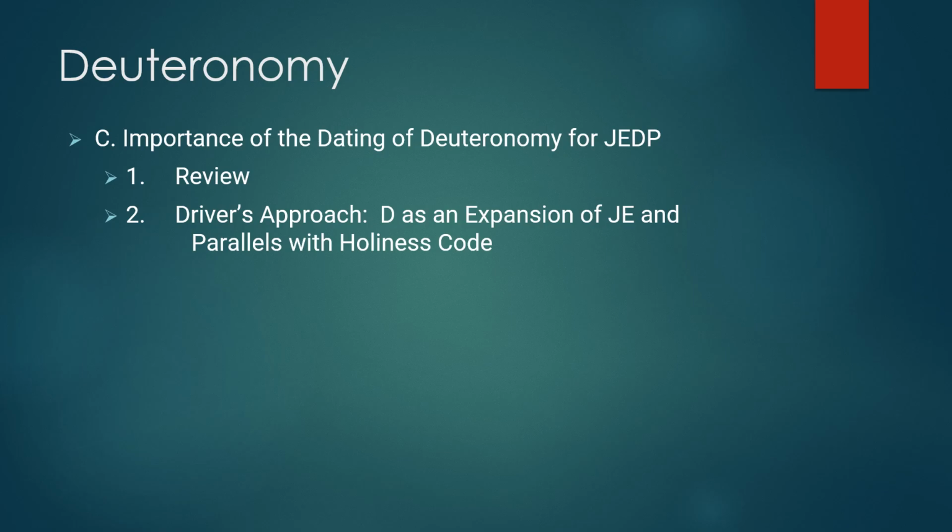I think I read to you right at the end of the last hour from Driver's Deuteronomy commentary. Driver is a follower of Wellhausen, and he says, and I'm quoting here, "The different relation in which Deuteronomy thus stands to the three codes of J, E, H, and P may be described generally as follows," end quote. Then he sees the relation in which Deuteronomy stands to the three codes as an expansion of the law JE. So D is an expansion of JE.